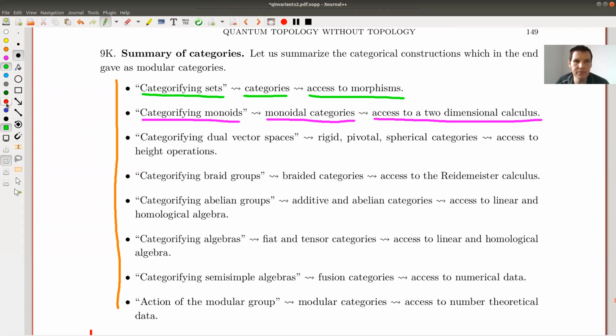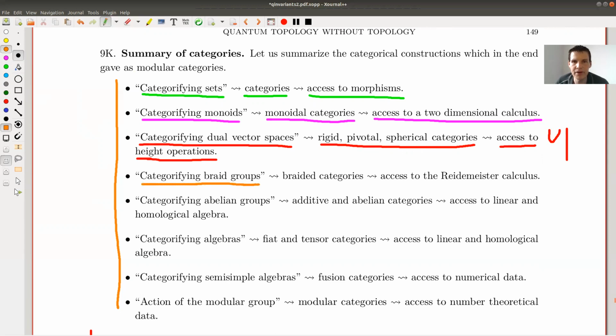If you categorify dual vector spaces, it got a bit tricky, but basically it's something like rigid, and you got access to height operations, zigzags and so on. If you categorify braid groups, you got the notion of braided categories, and you got access to the Reidemeister calculus. And this was the first part.